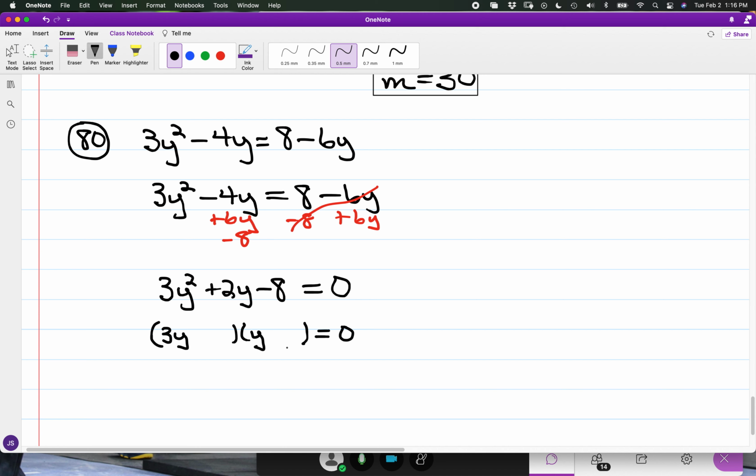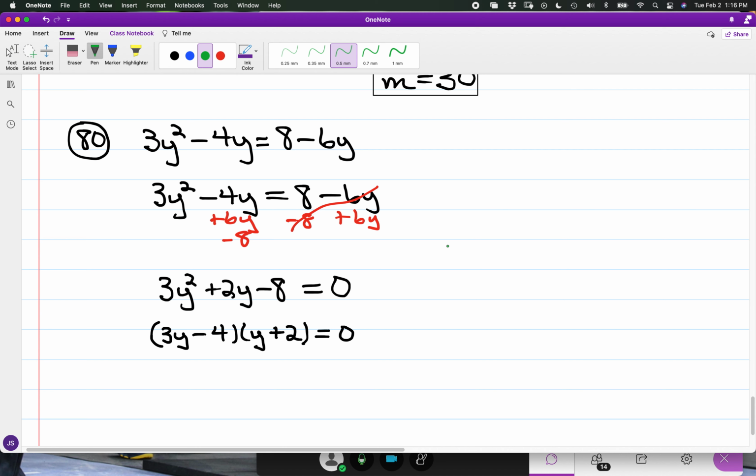And it's going to turn out that we have a plus 2 and a minus 4. So you got 3y squared plus 6y minus 4y is 2y, and we have minus 8.